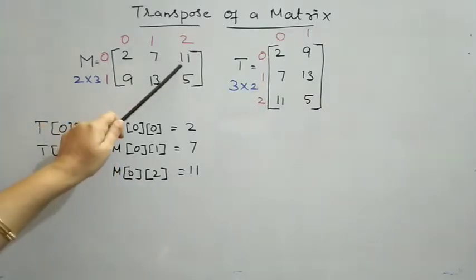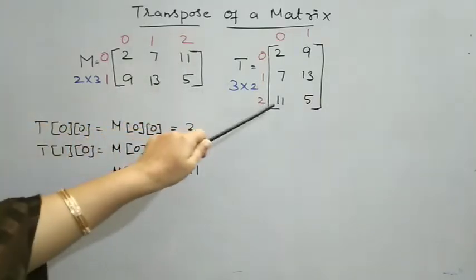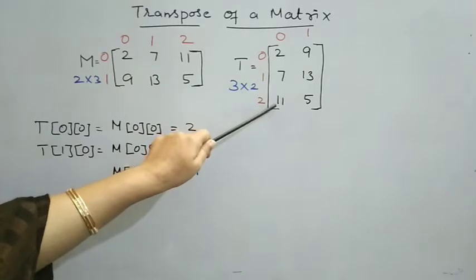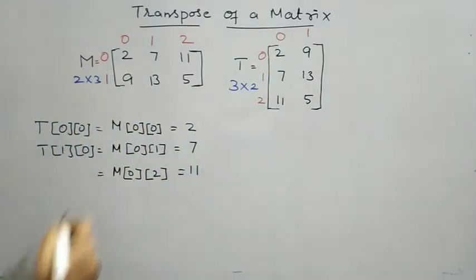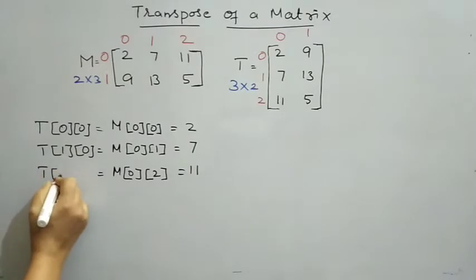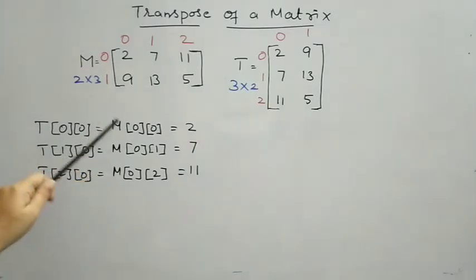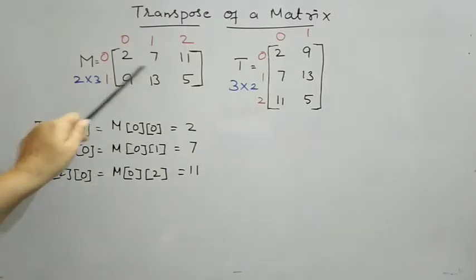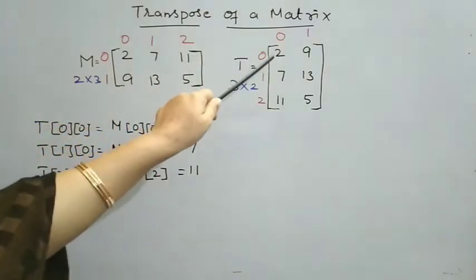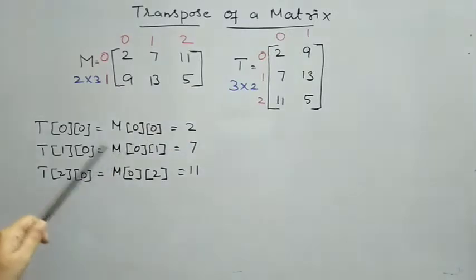Then the third element is transposed into this place, the index position of 2 of 0, T of 2 of 0. In this way, the elements in the first row are transposed into the elements in the column of this transpose matrix.